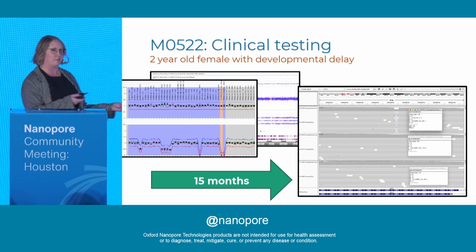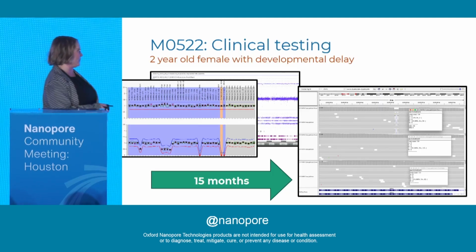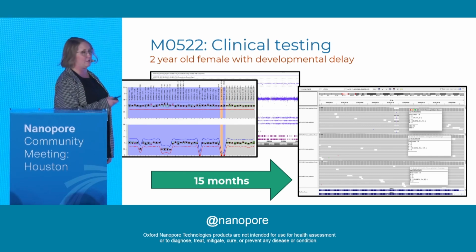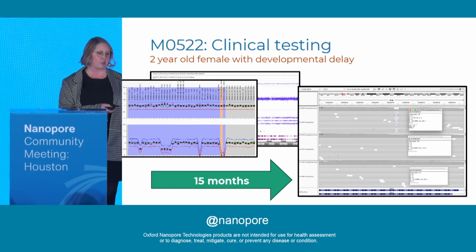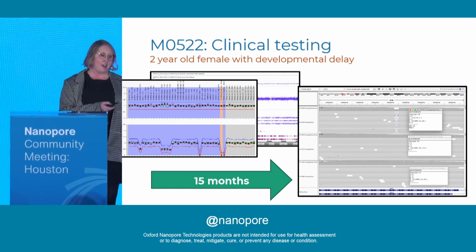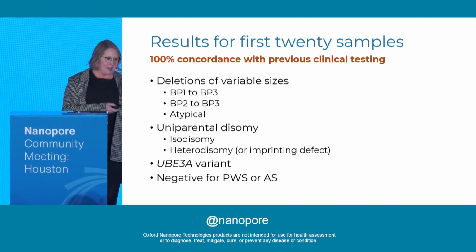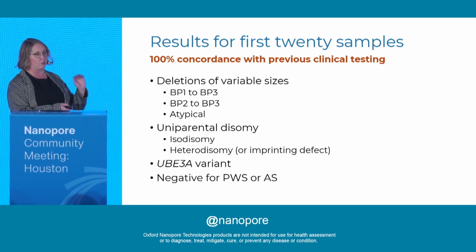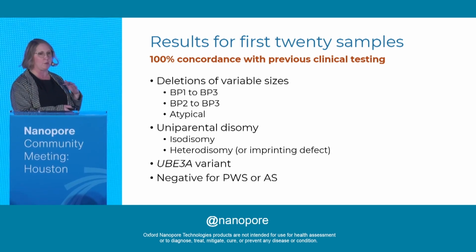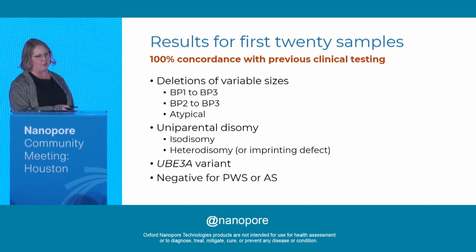So this is the patient that I told you about at the beginning, where we needed 3 separate tests that were performed over a course of 15 months to provide an answer for this family. So overall, just wanted to summarize, showing that these reports were reviewed by 3 different people who were blinded to any clinical information and the results of previous testing.